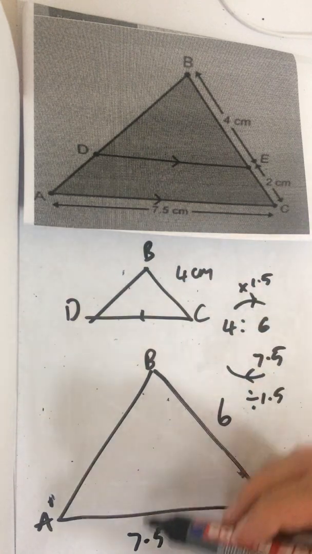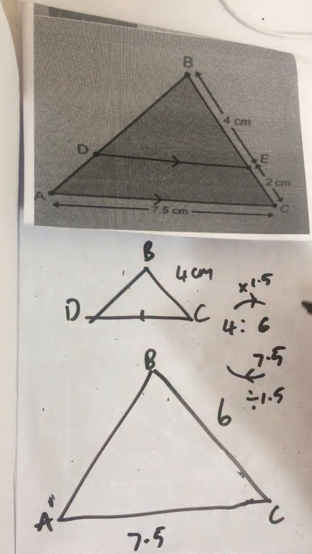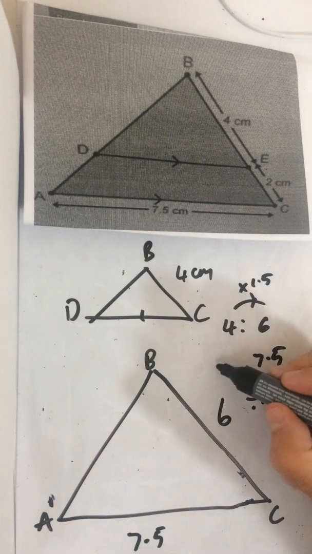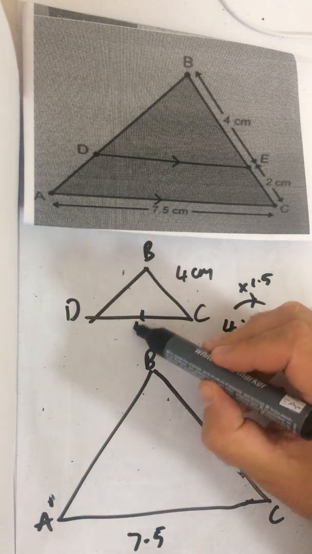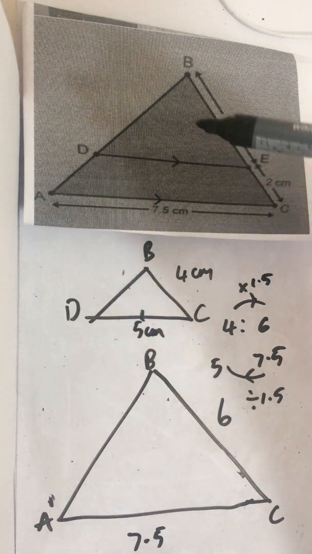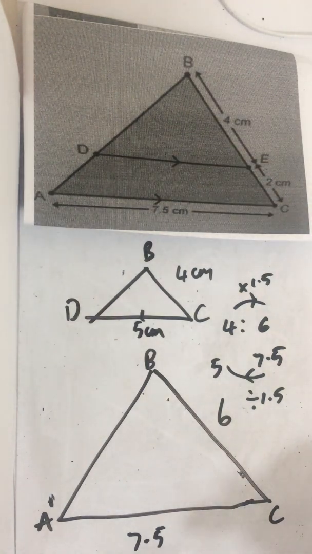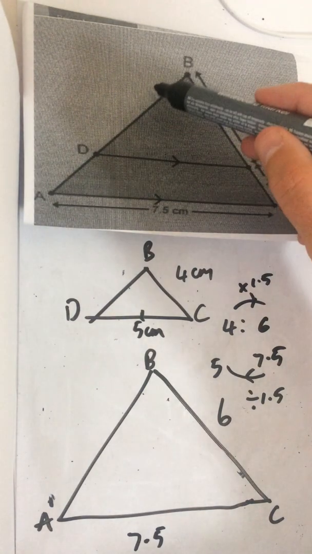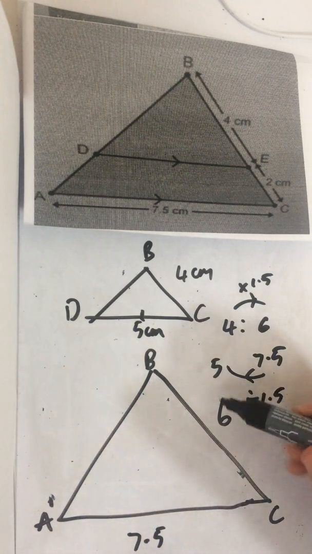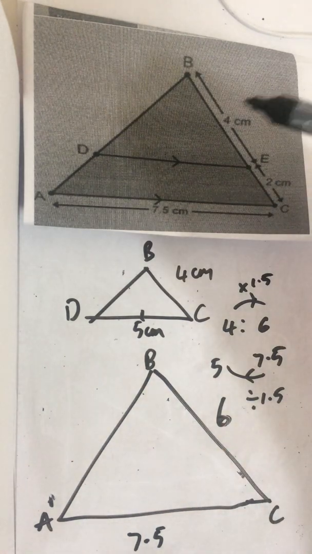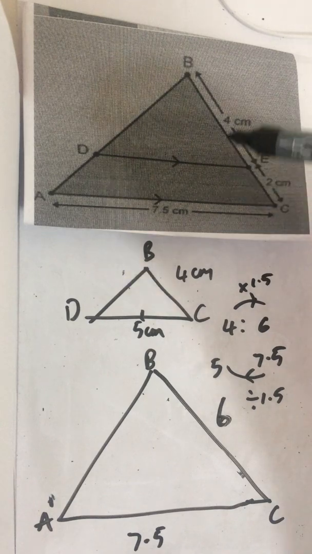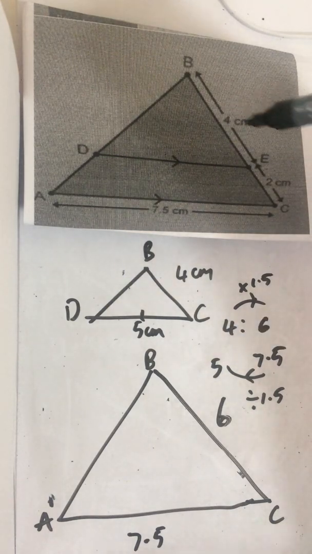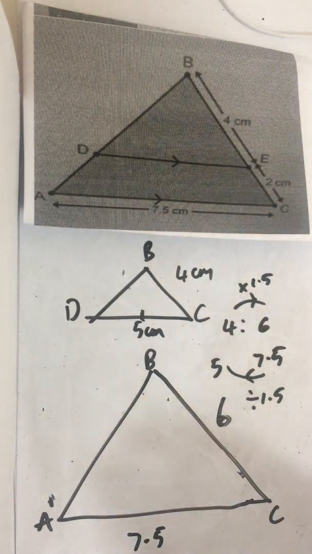So this 7.5 divided by 1.5 is 5. So this would be 5 centimeters. So by splitting it into 2, we can do that. And again, if there's any other sides we need to find out, we would use the similarities, the ratio of the sizes.